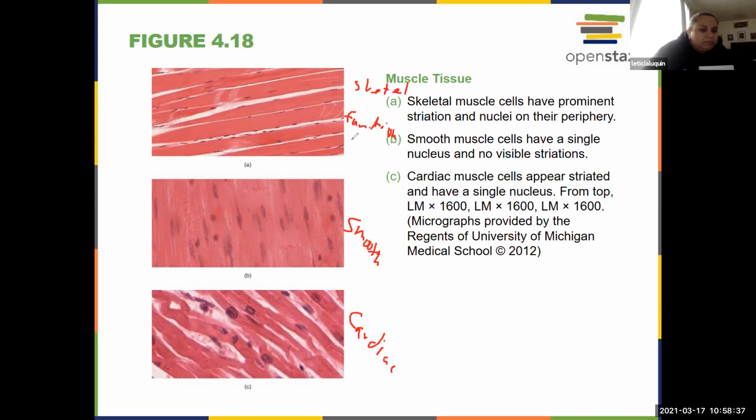The bones. It's going to be associated with the skeleton, right? So why would we have muscle associated with bone? You said protect the organs, right? Okay, because we don't want our bones rubbing up against our organs. Our bones are supposed to be an outer protective layer, so muscle protects the organs from the bones themselves. Okay, what else?